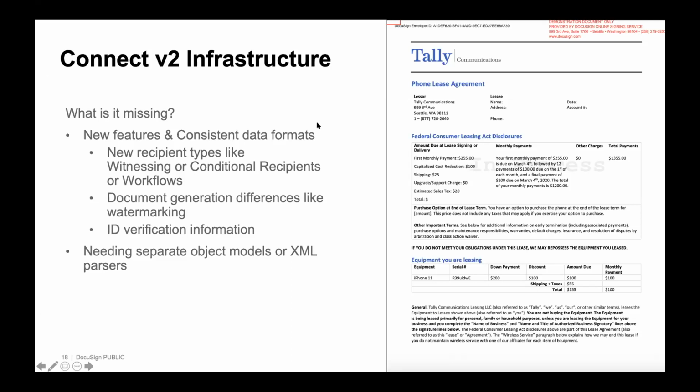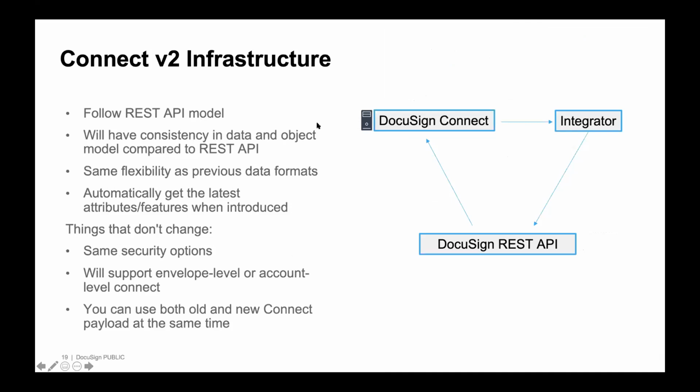So let's talk a little bit about what this V2 infrastructure really looks like. And we have some screenshots to kind of show you later as well. So what is the high level concept then of this V2 Connect infrastructure? Right? We kind of took a look at the XML payload already of the legacy infrastructure. So what is this new infrastructure? So first of all, it will essentially follow our REST API object model.